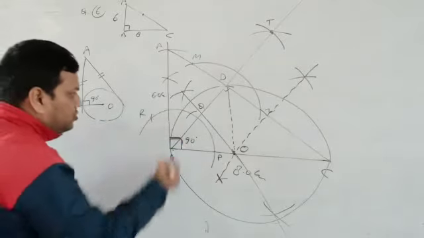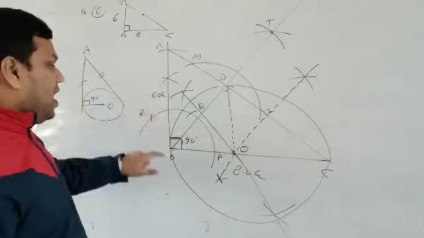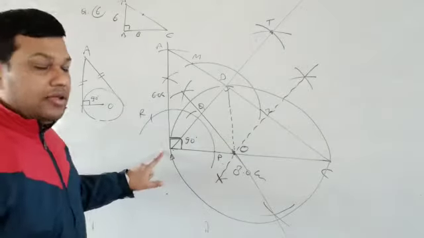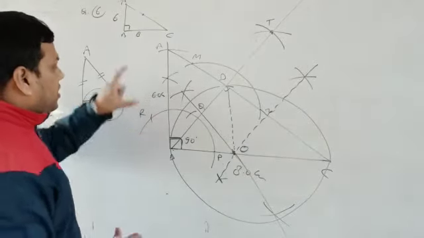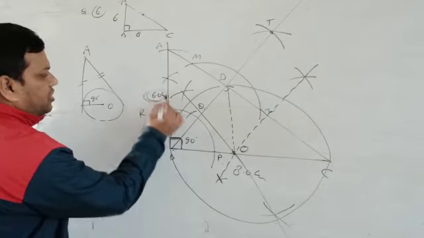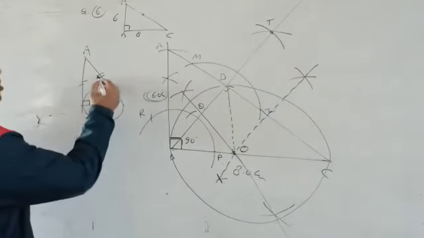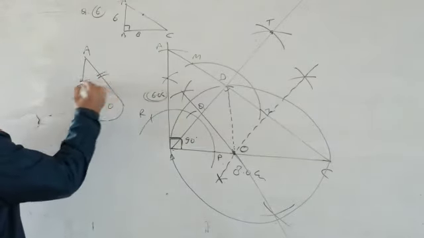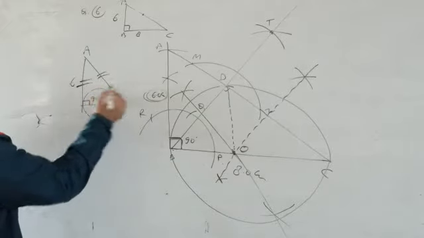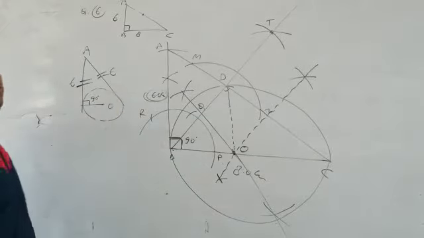So it must be a tangent. So already we have a tangent AB, right? We have a tangent AB having length 6 cm. So we know that these two tangents are equal. If it is 6 cm, obviously this one is also 6 cm.